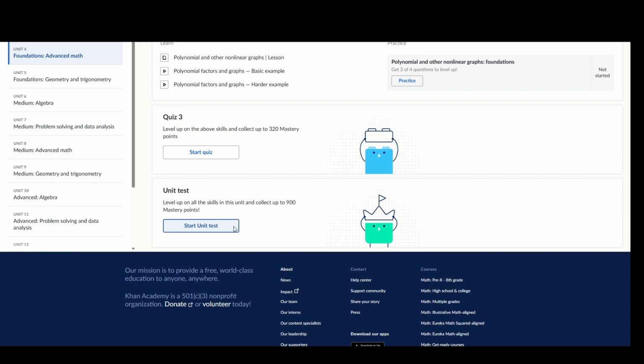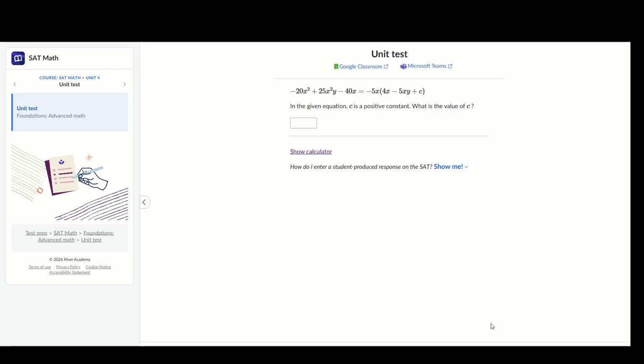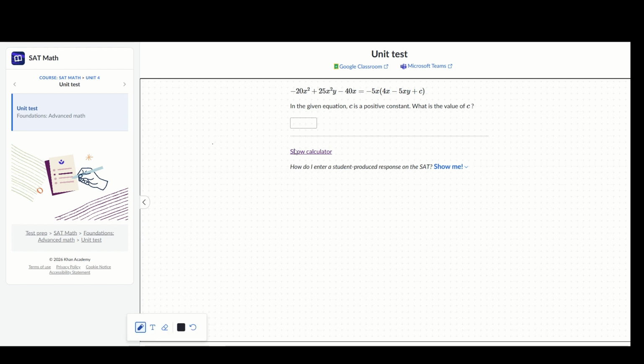Let's get started. In the given equation, c is a positive constant. What is the value of c? It's not a very hard question. What we need to do is multiply this by minus 5x.